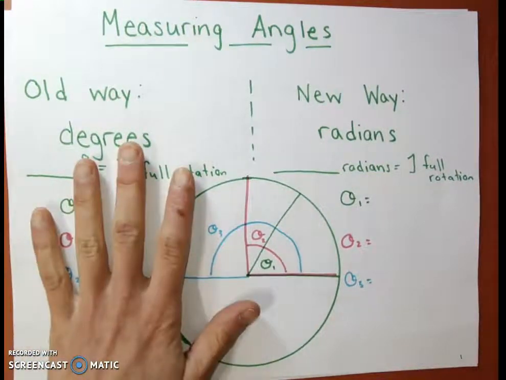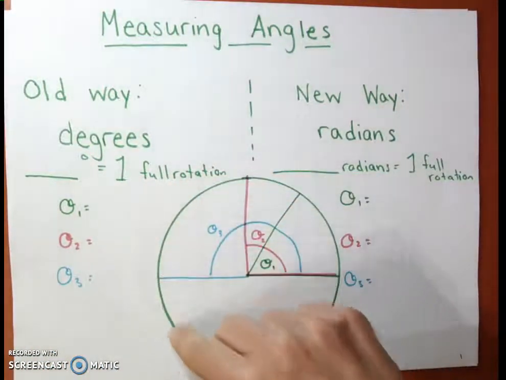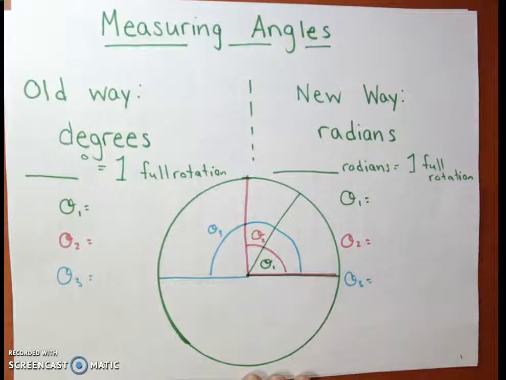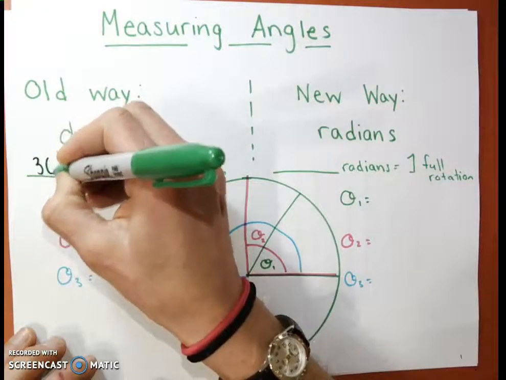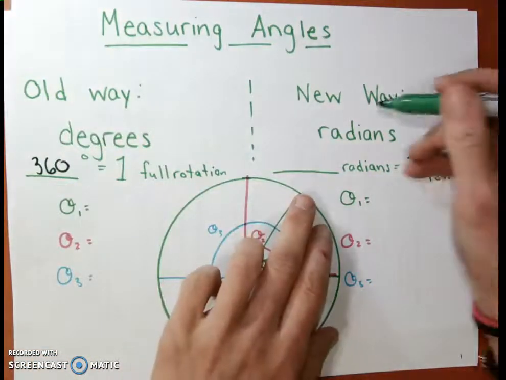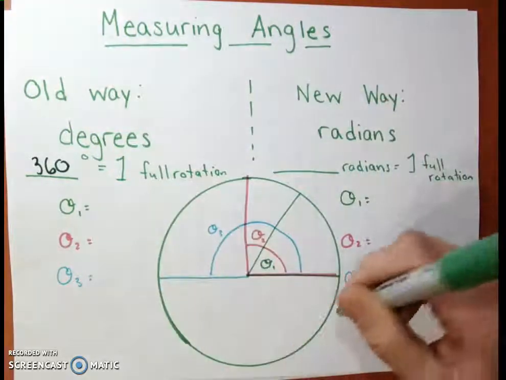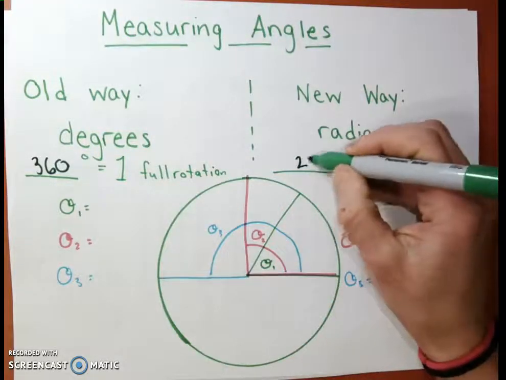The old way is measuring in degrees. So if you're trying to make your way around an entire circle, a full rotation, you should know that that's 360 degrees. If we're measuring in radians in our new way, then we say a full rotation is 2 pi radians.